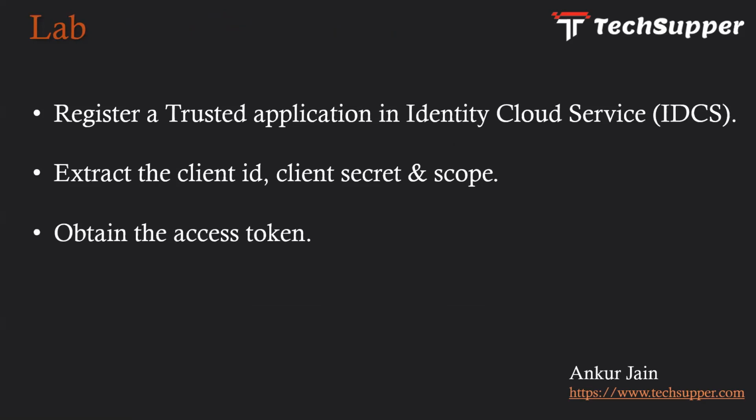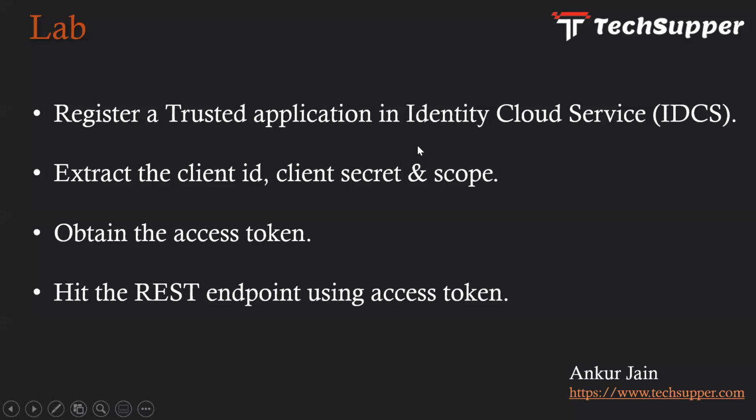Then we will obtain our access token with the help of the client ID, client secret, and scope. Then using that access token, we will hit our REST endpoint, and that REST endpoint provides the output which we want. So let's get started and do all these things step by step.